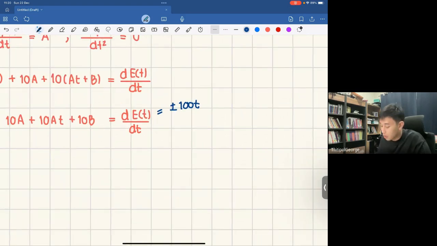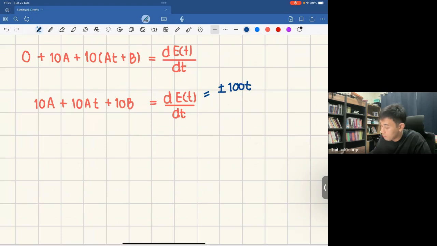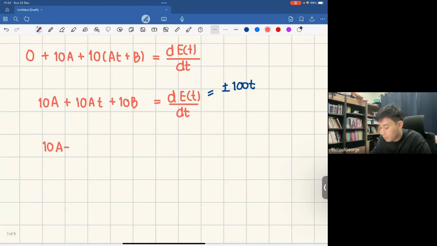So if you match the coefficient, we'll get 10a should be equal to plus or minus 100, since this one should be equal to this one. So what we get here is a should be equal to plus or minus 10.